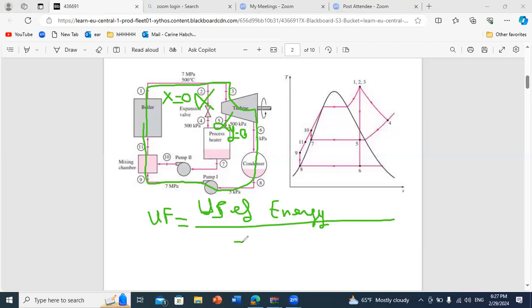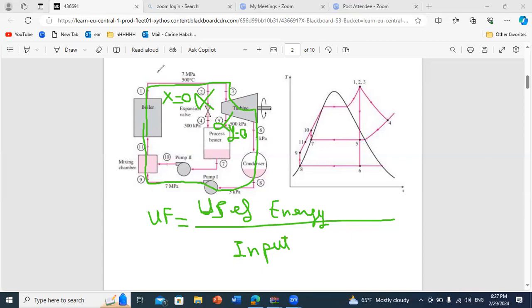So in this problem, in the first question, if I just want to produce electricity, what should I do? I don't need any process heat. I just have to shut down these parts. I don't extract any fraction to the expansion valve, and I don't extract any fraction to the process heater.